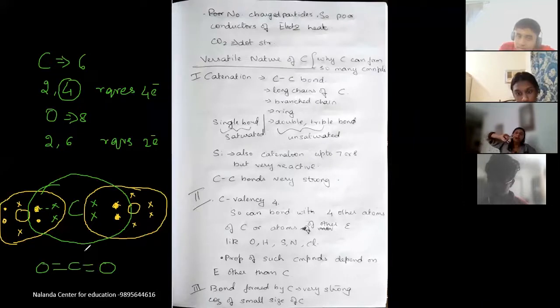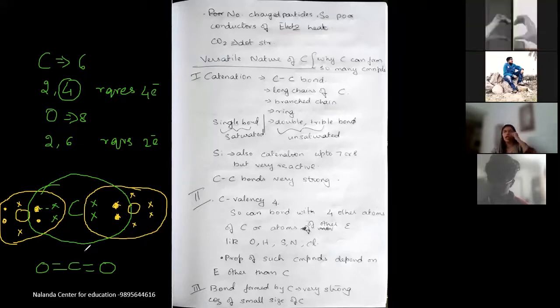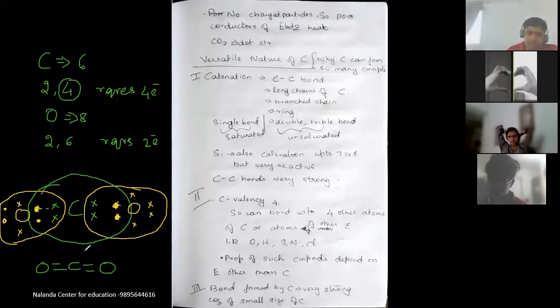There are double bonds present. This is what makes carbon dioxide different. A double bond is formed between carbon and oxygen. So this dot structure is very important, ladies and gentlemen. You have to study this at home. All right. Are you guys clear with this? Yes, okay.